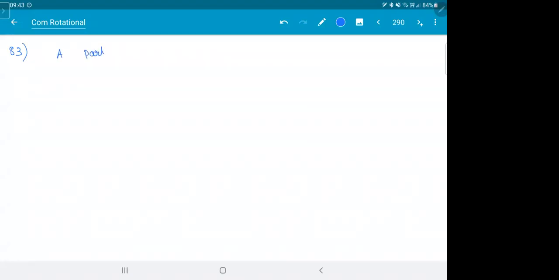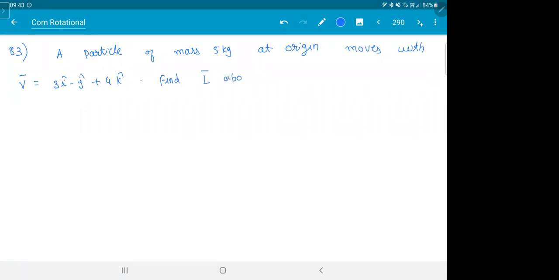A particle of mass 5 kg at origin moves with V bar, which is 3i minus j plus 4k. Find angular momentum about A, where A's point is 1, 2, 3. Get it? Find the angular momentum about point A for a particle which is passing through the origin. Velocity is 3i minus j plus 4k.